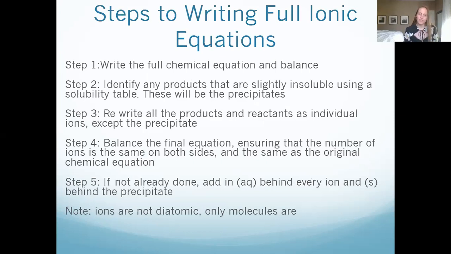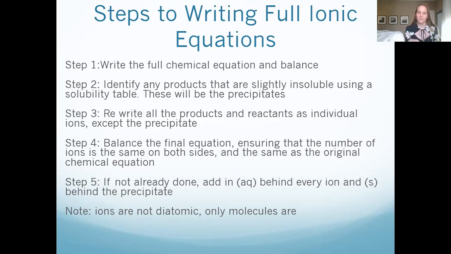So when you write a full ionic equation, start with the full chemical equation, which again is the one where you have the compounds and no ions anywhere. Then you're going to identify any products that are slightly insoluble on your solubility table, and that will be your precipitate, and it will stay as a compound. Then all other products and reactants are going to be dissociated into ions, and then you just balance it.